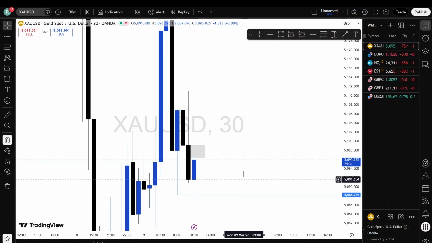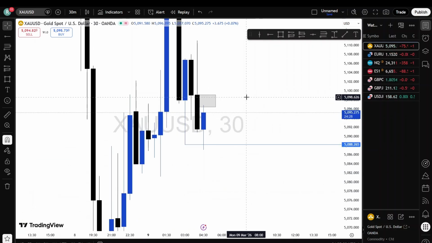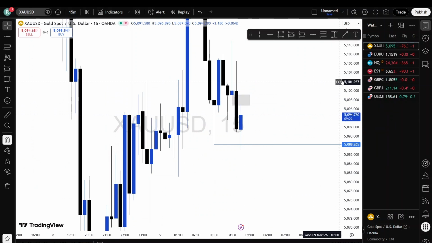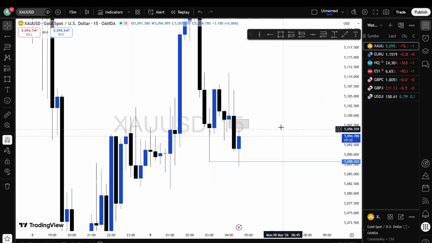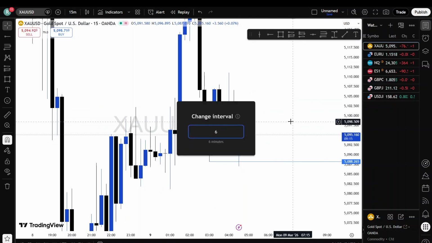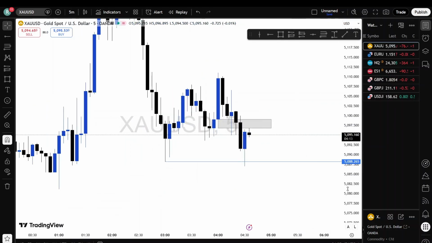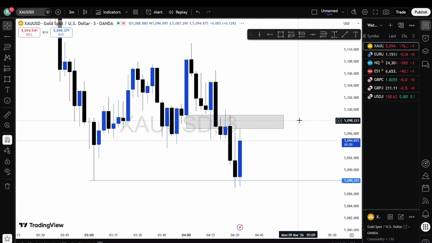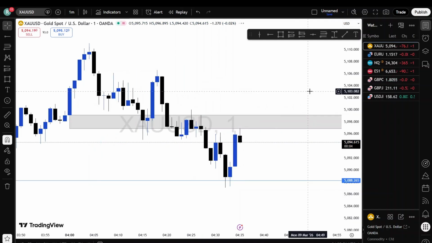So after giving this TP, it might go up, because now if you see, this FVG is getting smaller and smaller, and eventually it might disappear, right? So we just need some confirmations. 5 minutes time frame has no selling FVG. 3 minutes time frame also has no selling FVGs. 1 minute time frame.